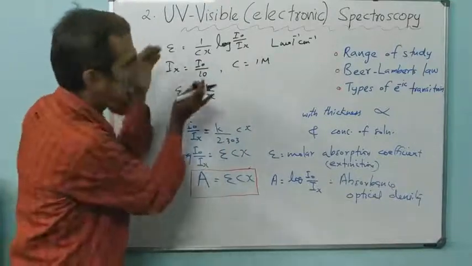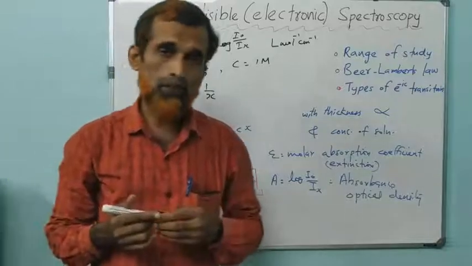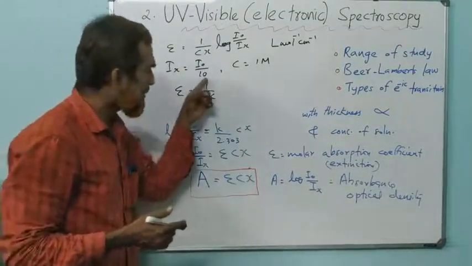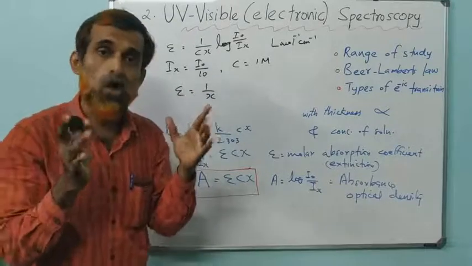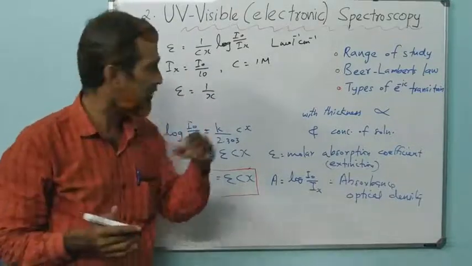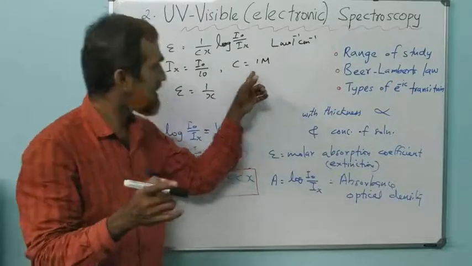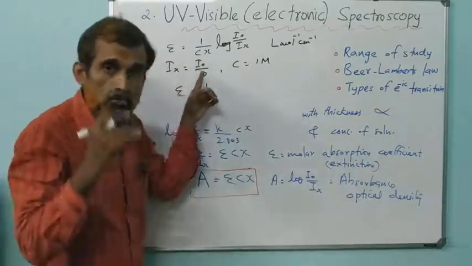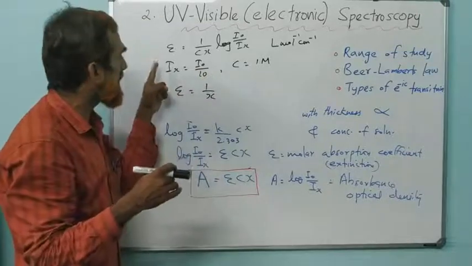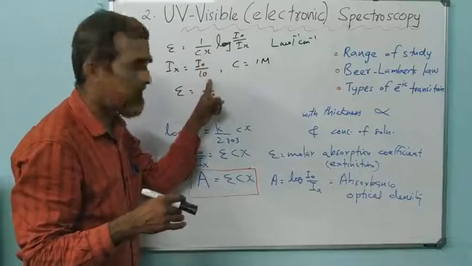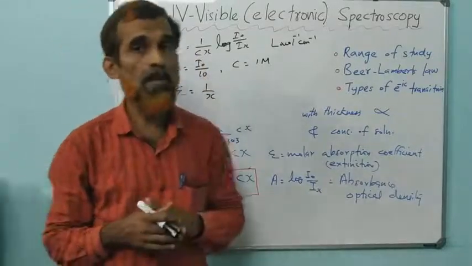So from this condition, what is molar absorption coefficient defined as? It is the reciprocal of the thickness of a solution. Of what solution? Of a 1 molar solution, which reduces the intensity of the incident radiation to 1/10 of the value.